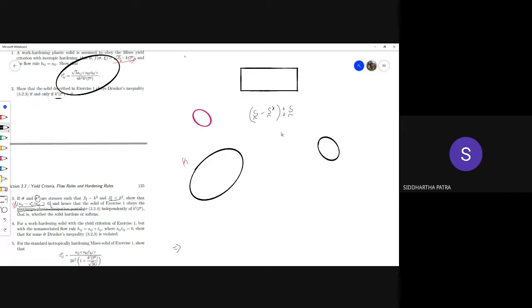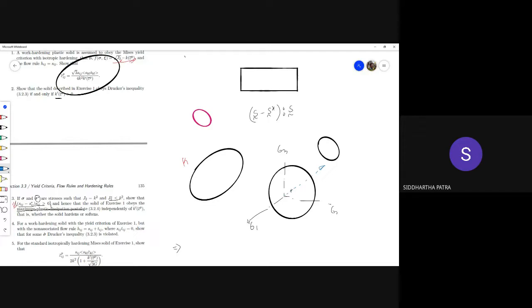Okay, now let's look at this. Let's say these are the principal directions. And let's say this is the von Mises yield surface in the deviatoric plane. Let's say this is the center. So let's say this is the hydrostatic axis.